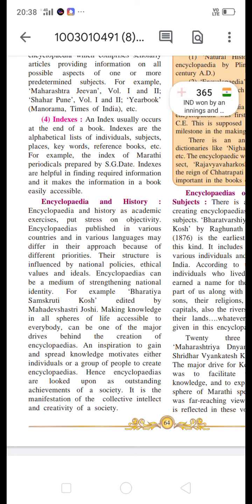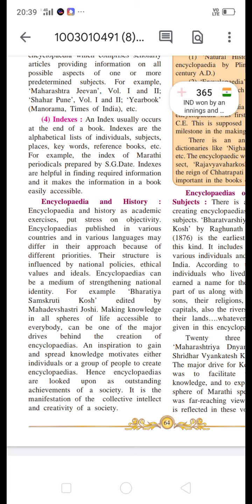It includes information about various individuals and places in ancient India. According to the editor, those individuals who lived in Bharatvarsha earned a name for themselves and were part of it, along with their women, their sons, their religions, their lands and their capitals, also the rivers and mountains in their land.